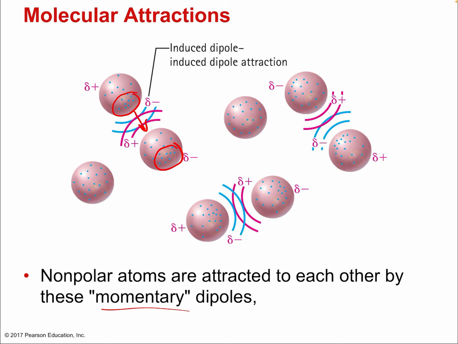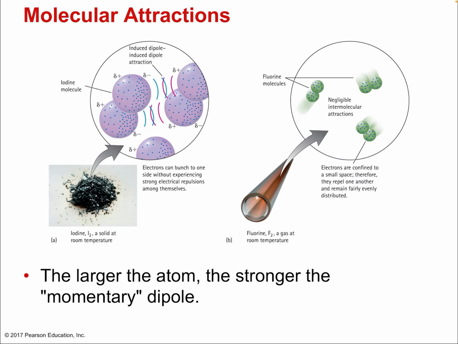Because the charges, these electrons don't want to stay packed together. They're repelled from each other. They should all redistribute themselves in time. But initially they won't because of the dynamics, because an initial force causes a disturbance, and that leads to that momentary attraction, okay? Now, the bigger the atom, the more electrons, the stronger this momentary force.